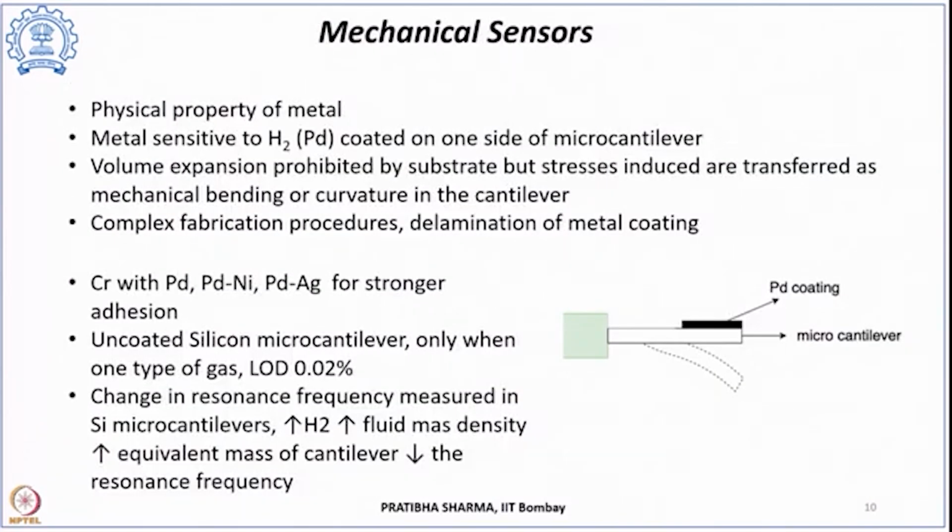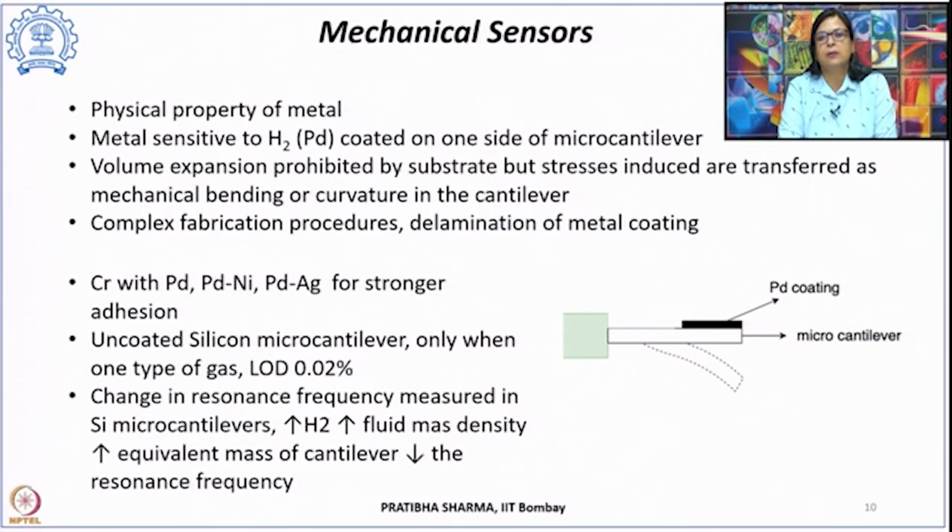Now another class of sensors could be mechanical sensors, and the sensing is done by the change in the physical property of the metal when it is subjected to hydrogen. For example, if palladium is taken, then palladium is coated on a micro cantilever. So the hydrogen sensitive metal is coated on a micro cantilever, and we have already studied that in such materials the hydrogen enters into the interstitial sites.